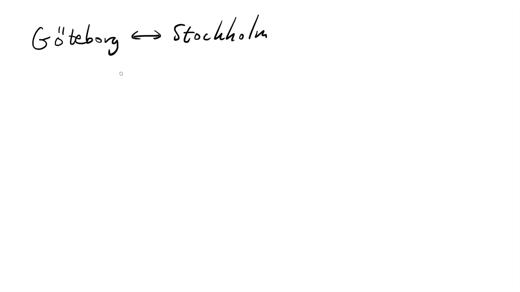Often you want to round off a measurement value to some other value. For example, you measure the distance between Gothenburg, or written in Swedish, Göteborg, and Stockholm. So let's say that you have measured the distance between these as 39.7 mil, and mil, that's 10 kilometers.